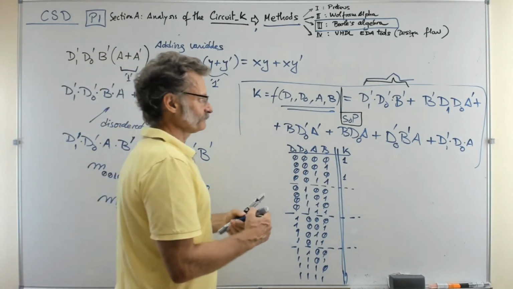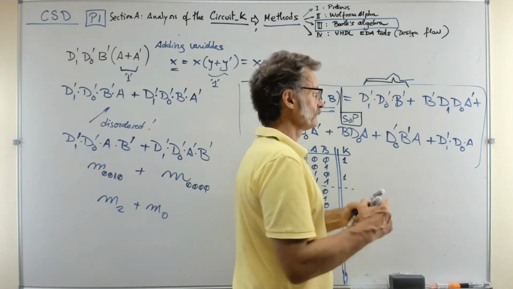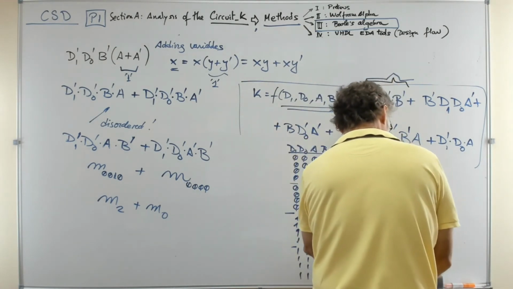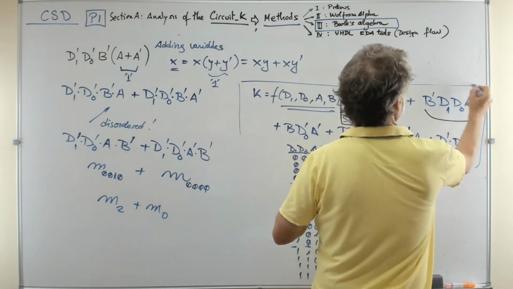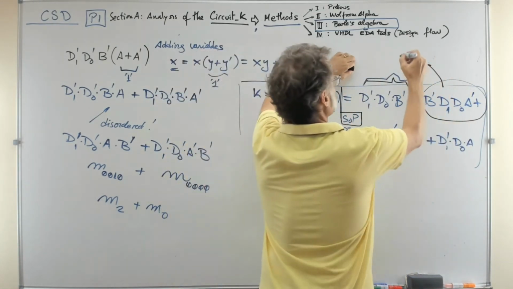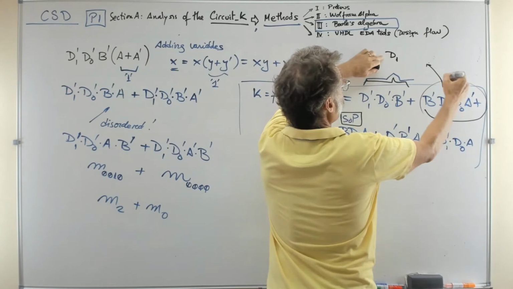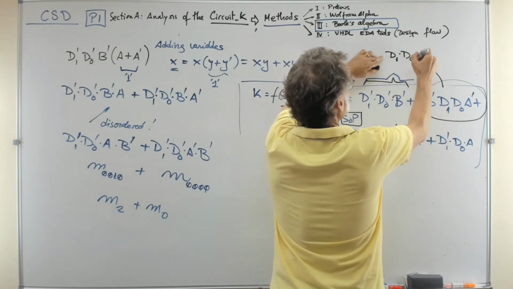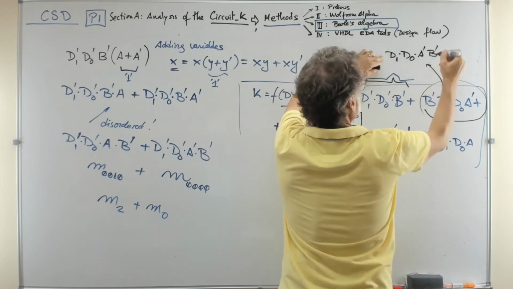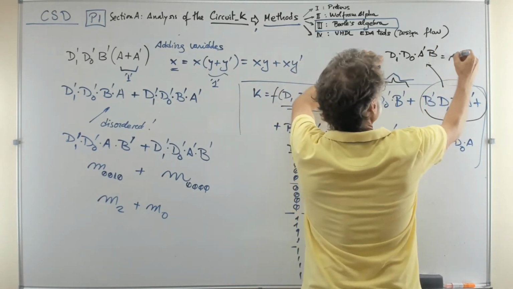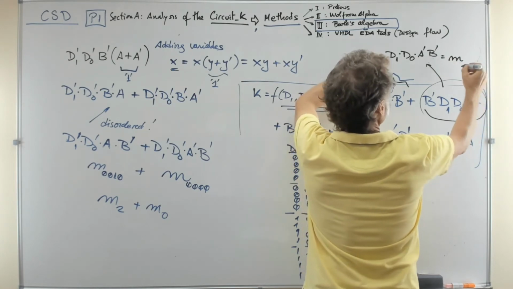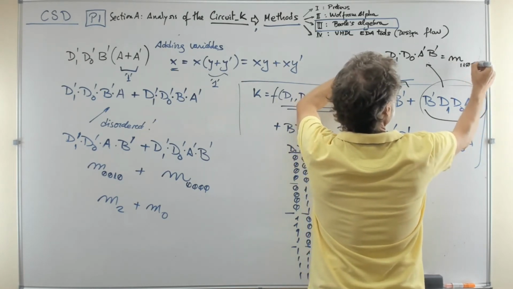The next term is easier, okay? Because you already have the 4 variables here. The only thing that you have to do now is reorder it correctly. So this is going to be the minterm D1 and D0 and A not and B not, which happens to be the minterm, okay, 1, 1, 0, 0, I guess.